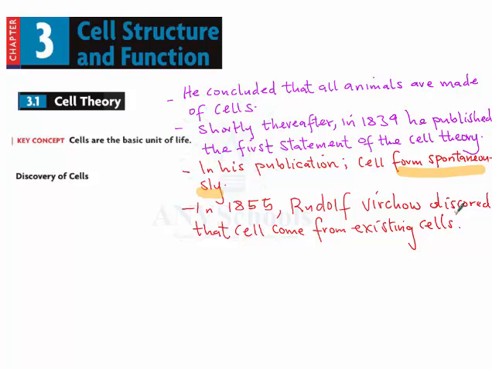So together with the other scientists who had discovered the first instances, that is Matthias Schleiden and Theodor Schwann and Virchow, these three together, their principles brought about what we call now the cell theory. So this accumulated research is summarized in the cell theory.